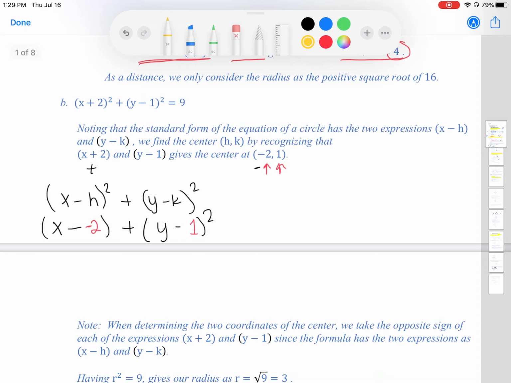So see here how I have a minus 2. Here I have a 1. And that would be because if I have x and a negative, make a positive, I have x plus 2, which is what we have. So in a sense, just know that change the signs from positive to negative, and negative to positive.